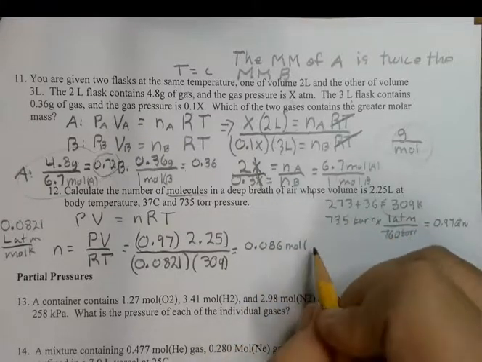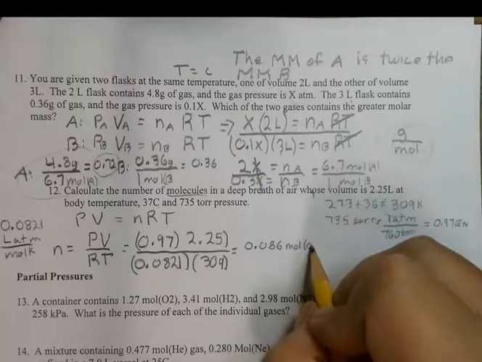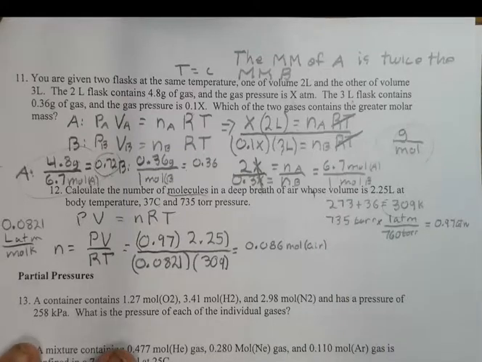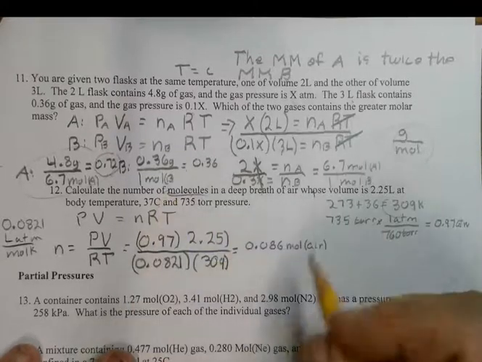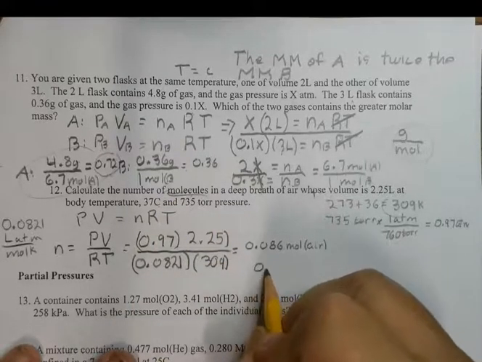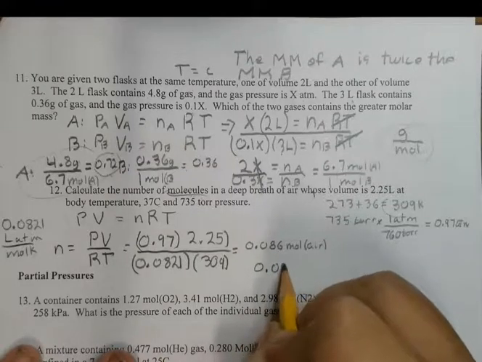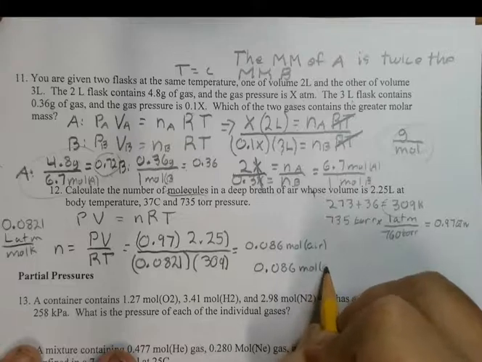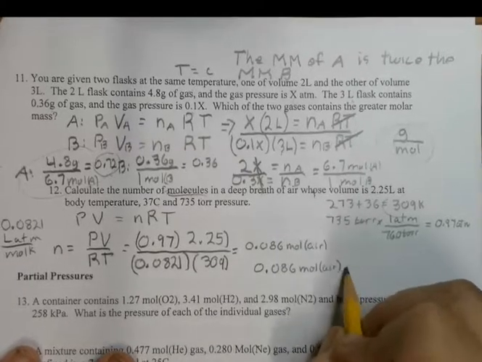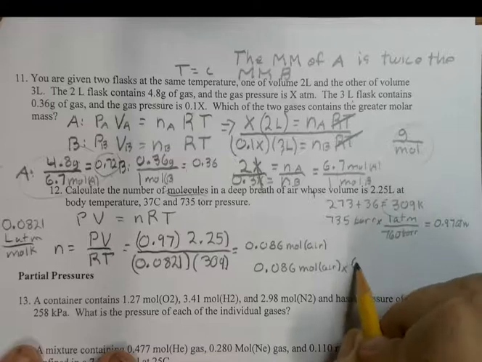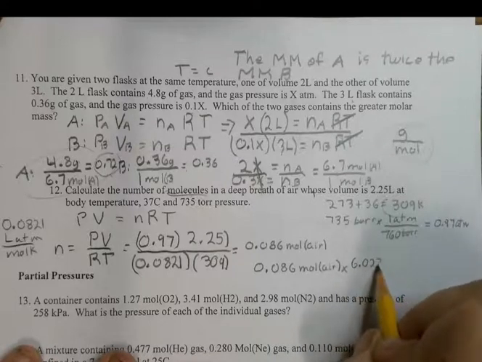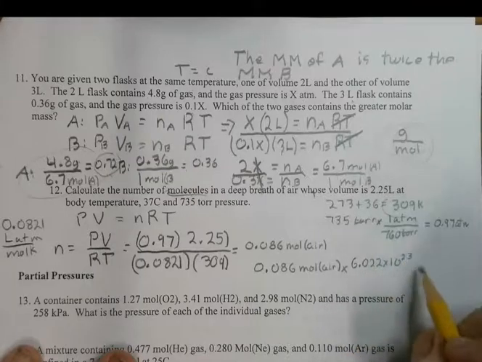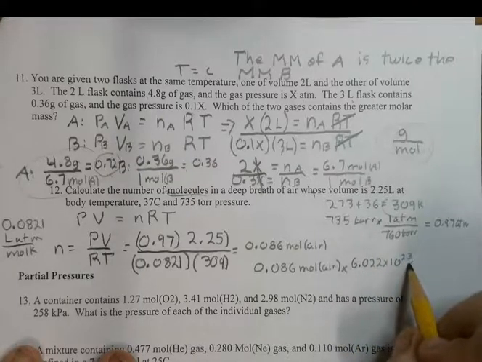And it's moles of air. They're not specifying oxygen or nitrogen, it's just air. So that's the moles. Now they want to know how many molecules. So we say 0.086 moles of air times 6.022 times 10 to the 23rd molecules of air.